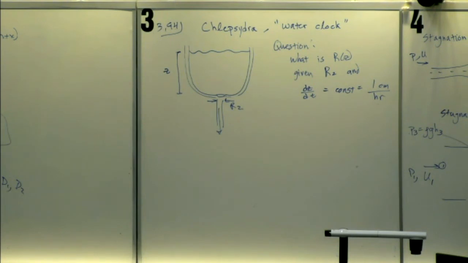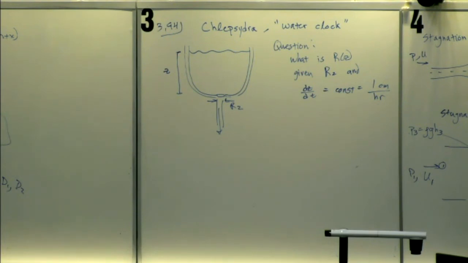Good. Then, except the negative sign, probably not. So I would just label, you can call this z equals 0, and that equals z. But I'll make sure you just label things correctly. So if you get Bernoulli, you got to apply conservation of mass. And remember, R2 is given.